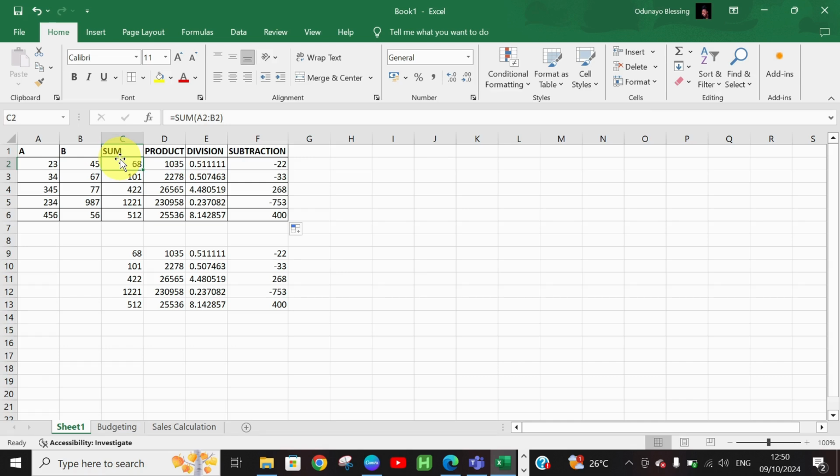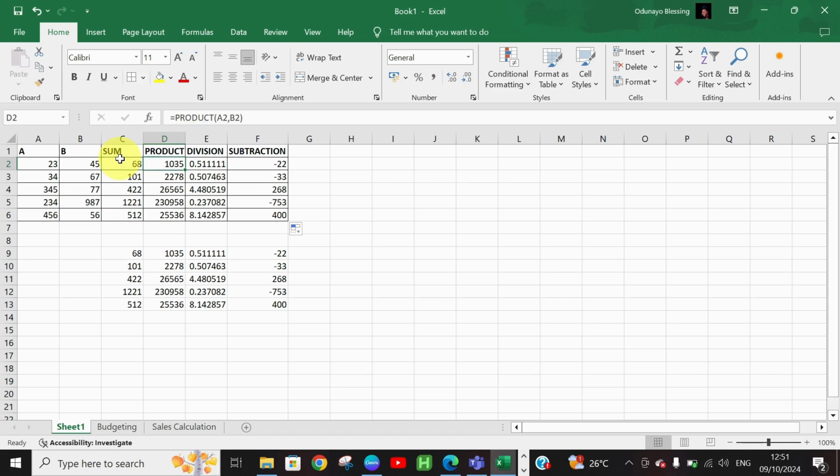So the relative figure here is that if you check the formula tab, you see sum of A2, B2. By the time we go to the next one, it is sum of A3, B3, then A4, B4. You notice that no changes were made to these, only the first one was attended to, and the same thing was applied to every other row down the line.